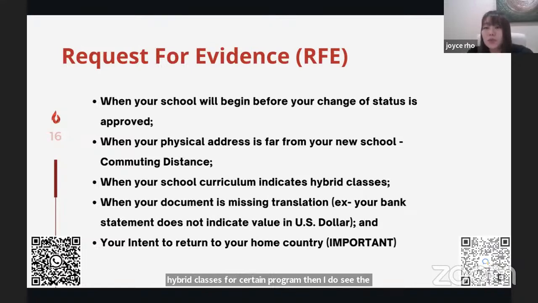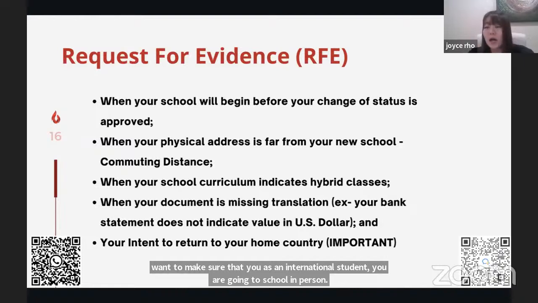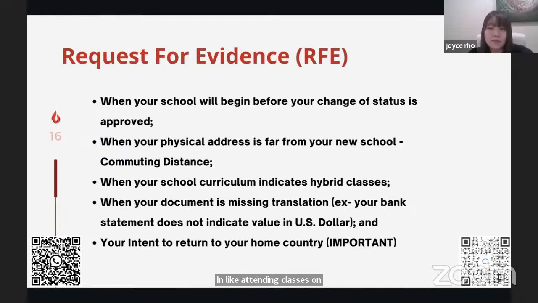The purpose of this question is that USCIS really wants to make sure that you, as an international student, are going to school in person, attending classes on campus, not engaging in online activity remotely or studying without attending classes. So this question I see a lot nowadays.